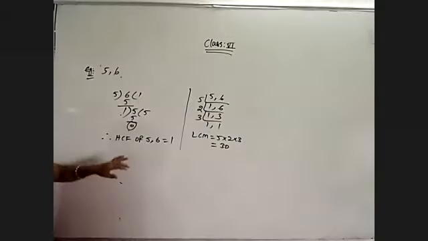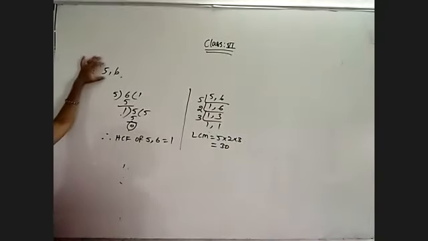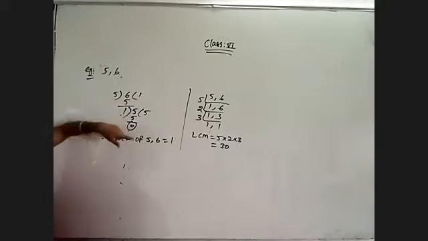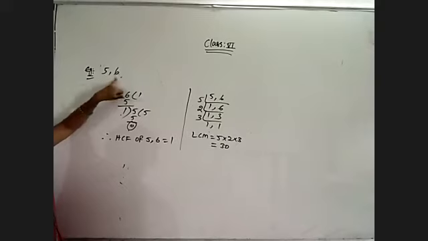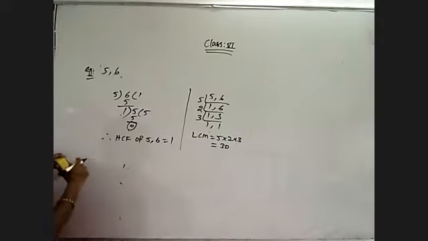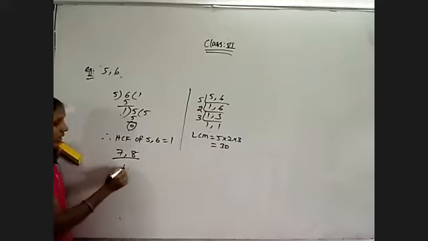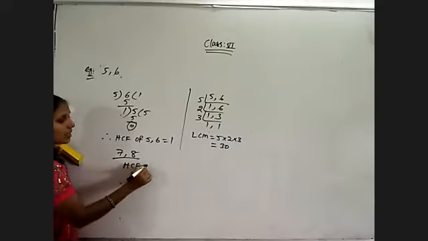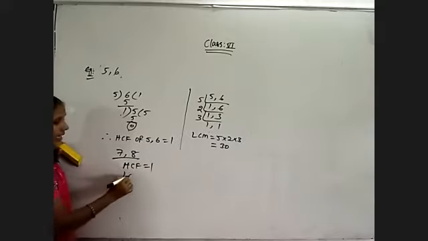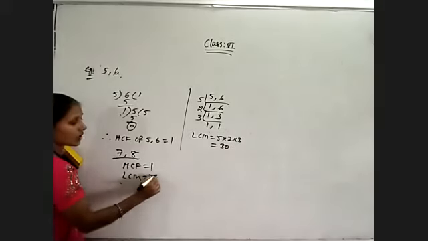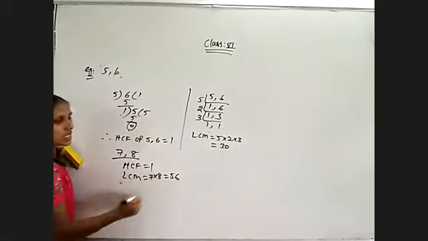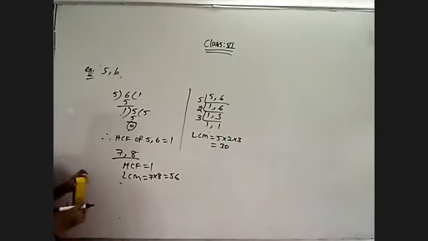Already I told you, whenever the numbers are two consecutive numbers, the HCF is equal to 1 and the LCM of those numbers is equal to their product. 5 sixes are 30. If I take 7 and 8, their HCF is 1 and the LCM is 7 into 8, 7 eights are 56.